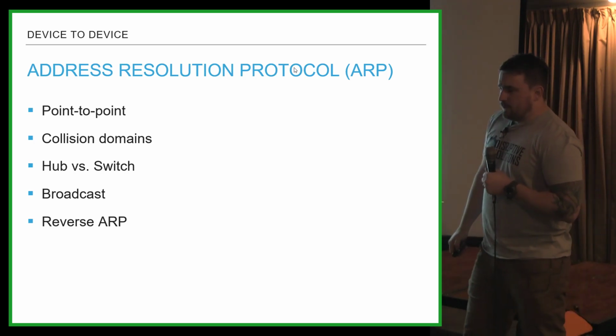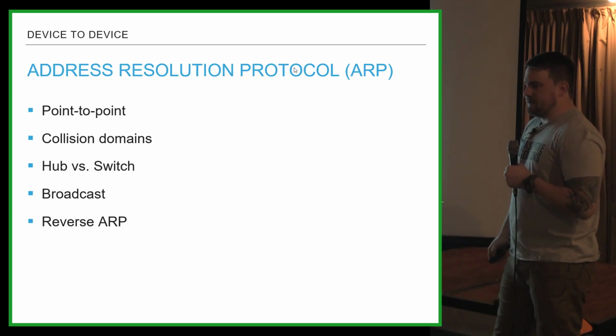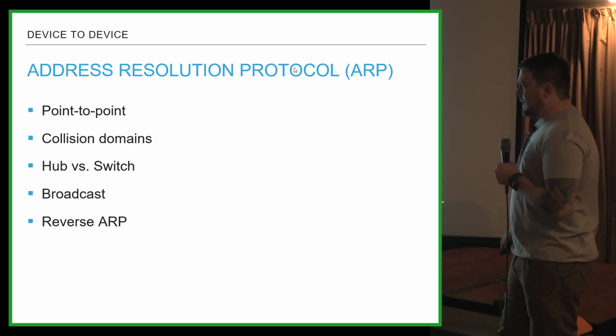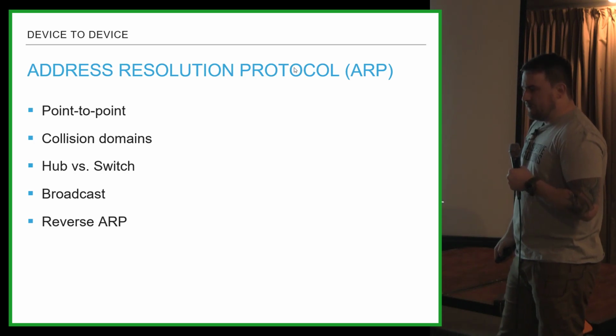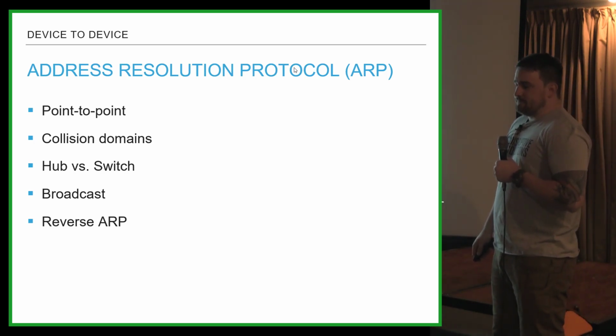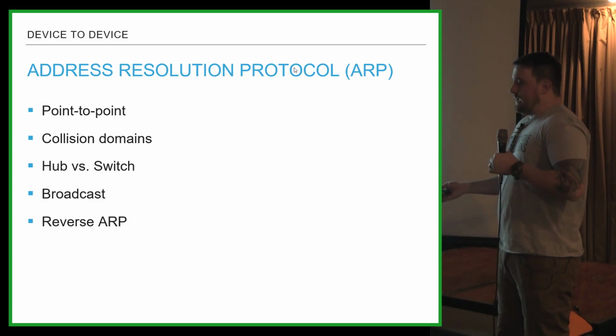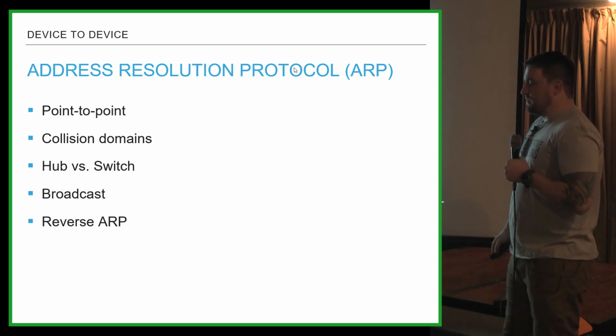So something we're going to talk about a little bit later is reverse ARP, or gratuitous ARP, which is a nice feature that's not really used in real-world networks, and it's also a significant vulnerability in the protocol. I can't think, in all my experience, I haven't seen a legitimate use for reverse ARP. But I'm probably not correct in assuming that there's no legitimate use for it.